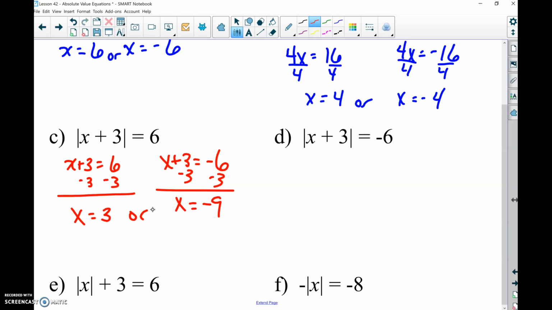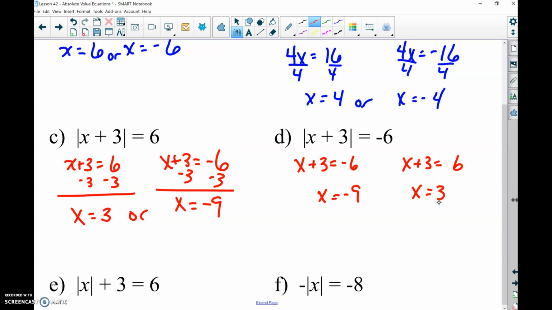For letter D, if we don't notice right away that we have an absolute value equal to a negative and try to solve it, it looks like we get the same solution as the previous.